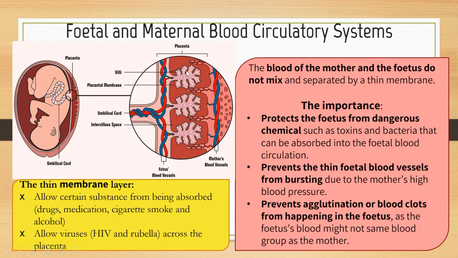As we can see here, the blood of the fetus and the mother do not mix. They are separated by a thin membrane here. Make sure you know the importance of the mother's blood and the fetus blood not mixing together. There are a few importance there.